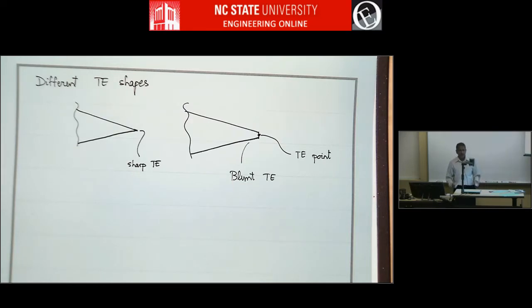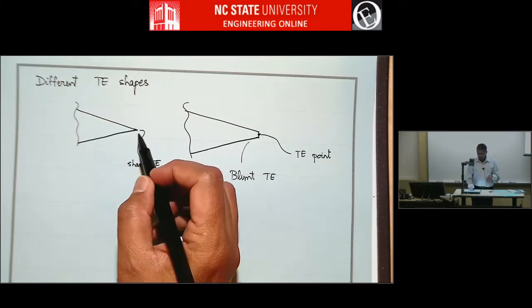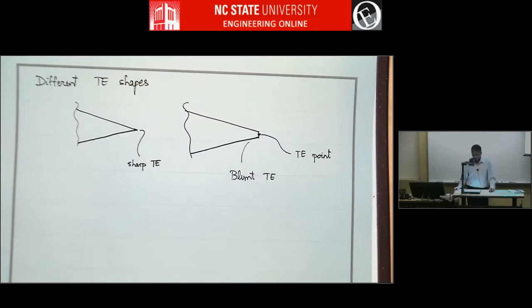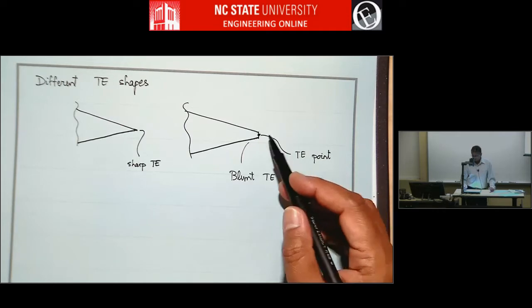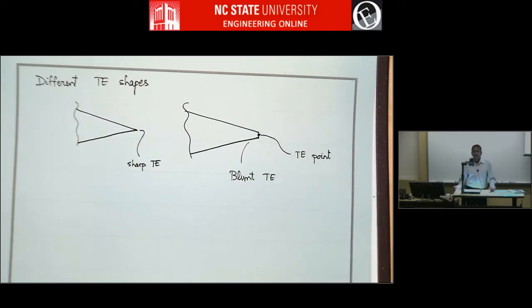In reality, most airfoils are going to be blunt trailing edges like this, because from a construction viewpoint, you cannot make a perfectly sharp trailing edge, and for practical reasons that's not necessarily good, because if somebody bonks their head on this, it's not safe. So they make it blunt. It's also easier to fabricate.